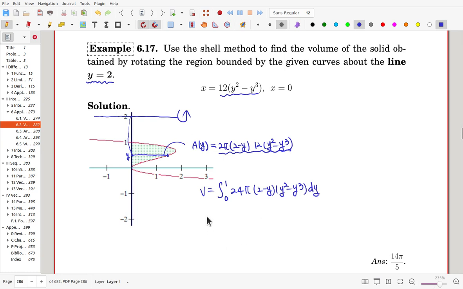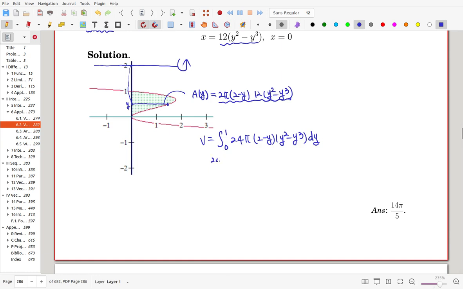That is 2y squared and 2y cubed, minus 2y cubed and minus y cubed, so minus 3y cubed, and plus y to the 4. I guess we don't make any mistake. And dy.